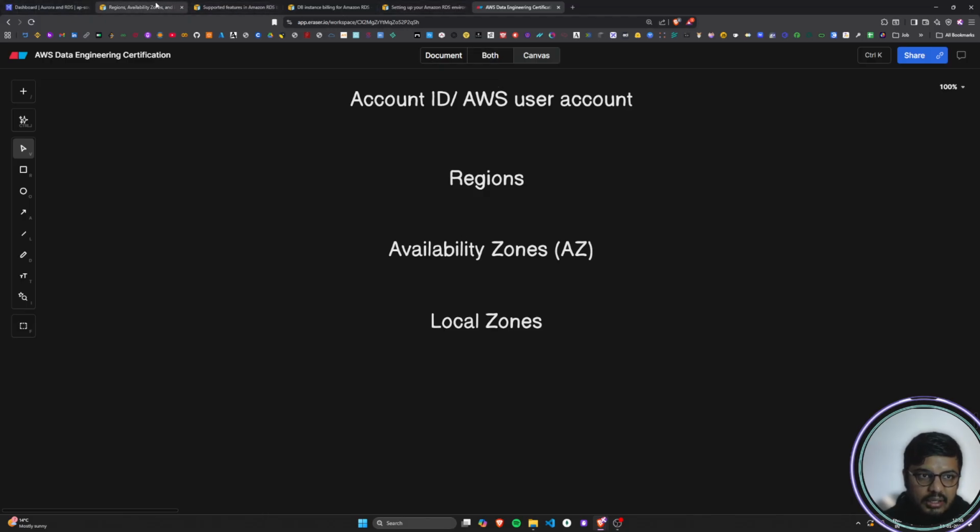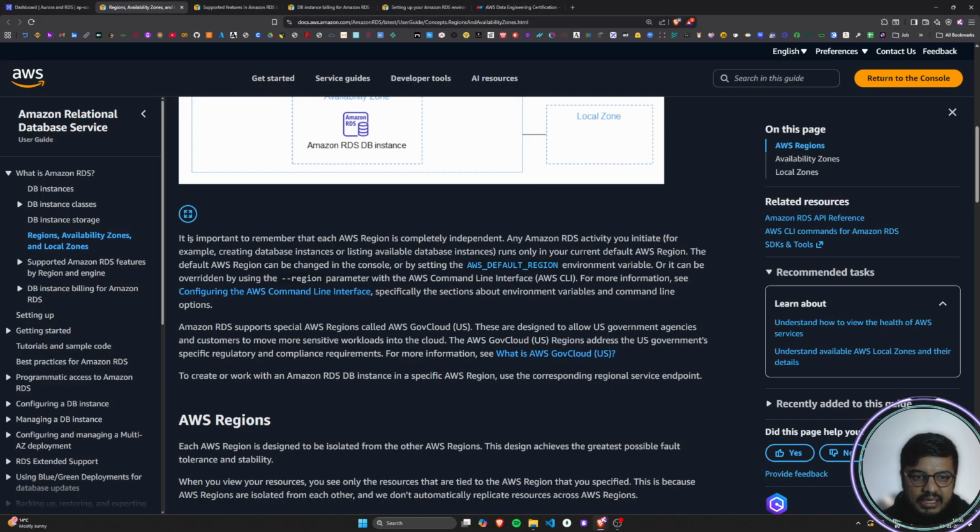Now what it is saying here is that it is important to remember that each AWS region is completely independent. Any RDS activity you initiate, for example creating a database or listing the available database instances, will only run in the current default AWS region.